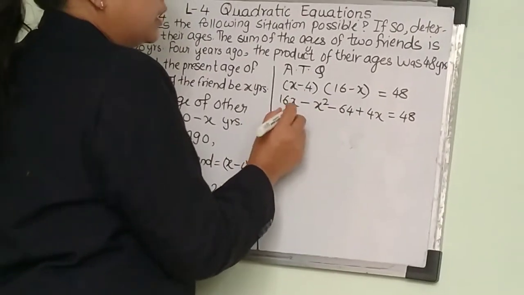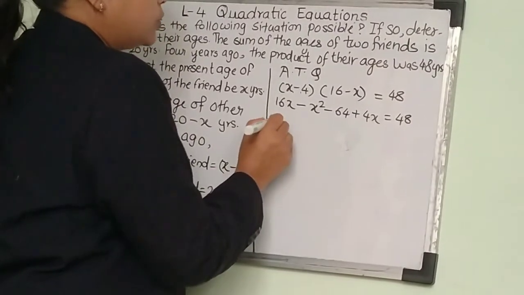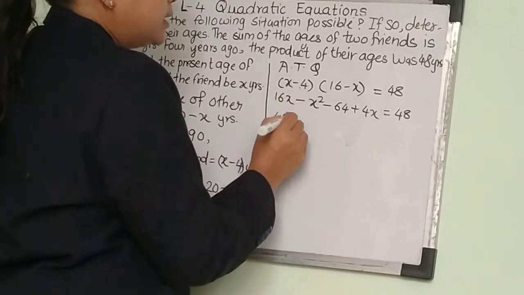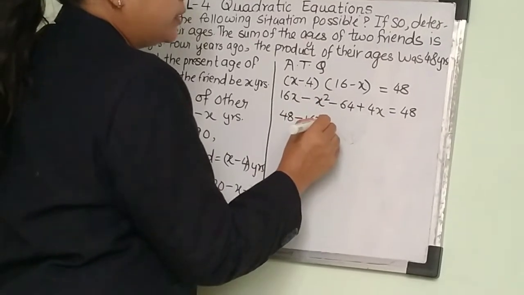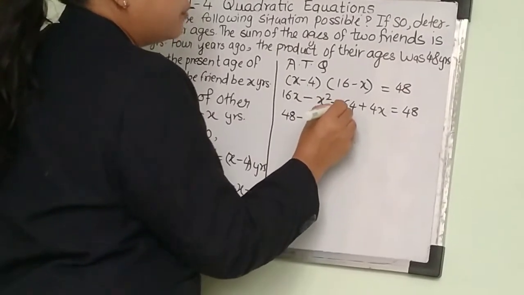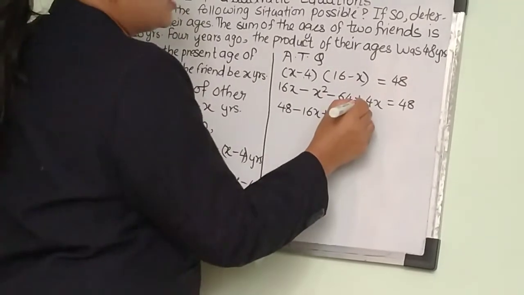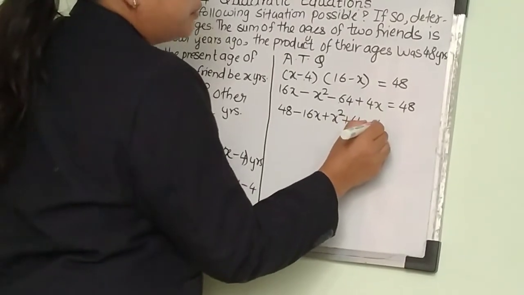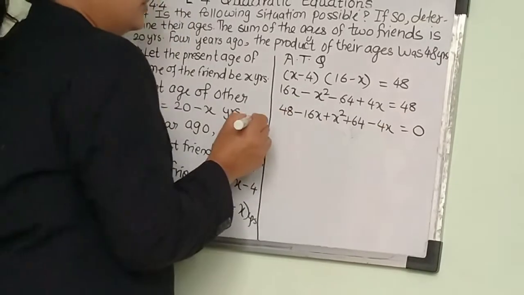So now I am going to shift all the terms to this side. 48 remains as it is. This 16x becomes minus 16x. This minus x square becomes plus x square. Minus 64 becomes plus 64. And plus 4x becomes minus 4x equals 0.